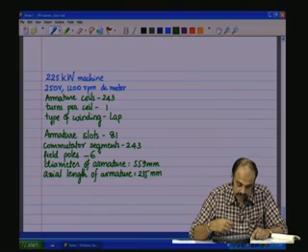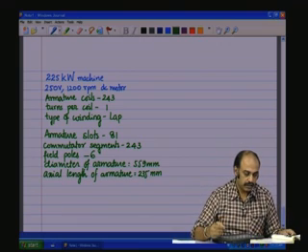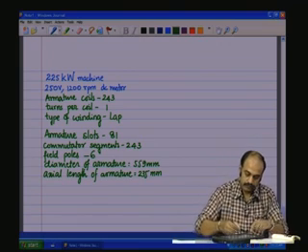So, these are the specs of the machine that is given to you.